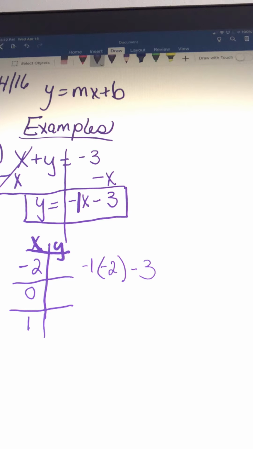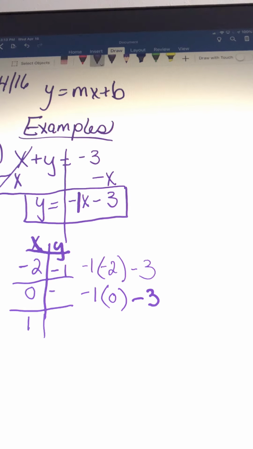-1 times -2 is +2. +2 minus 3, -1. That will be your y value. Now let's do the 0. -1 times 0 minus 3. -1 times 0, 0.